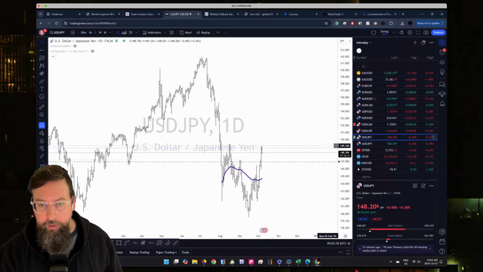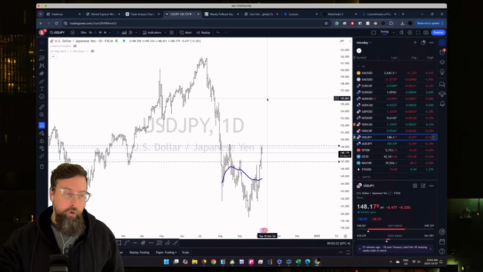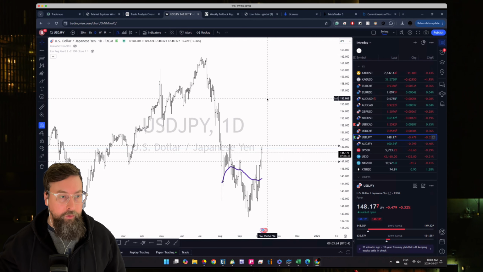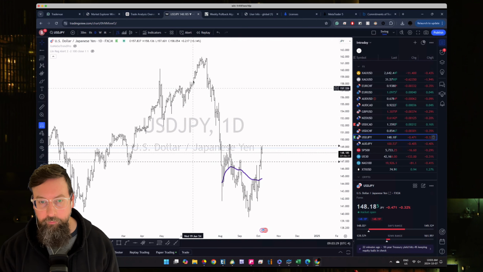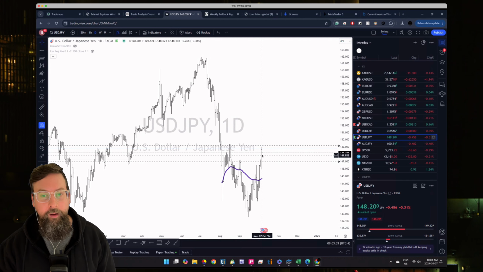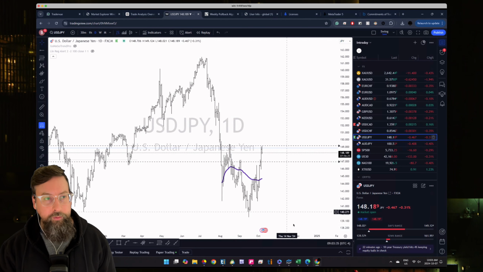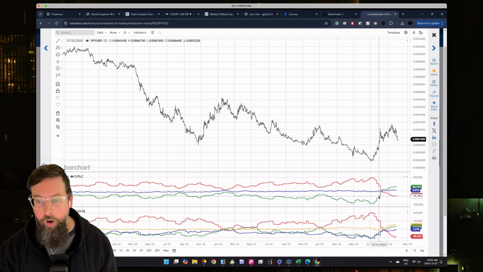Or if we end up breaking out of this zone right here for the yen, because we're starting to get pretty heavy on that other side of where people are. We have this massive drop that's occurred, but now we have everybody and their dog betting that this is going to continue down, and I don't want to be on with those guys.